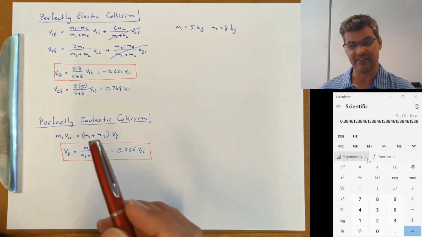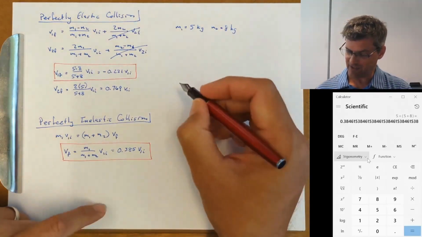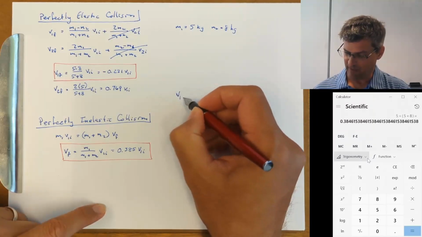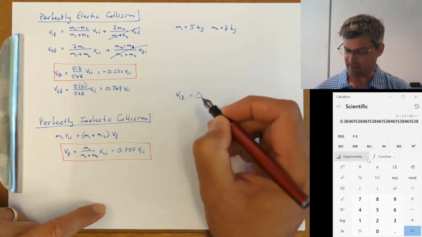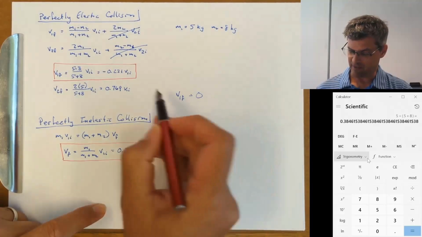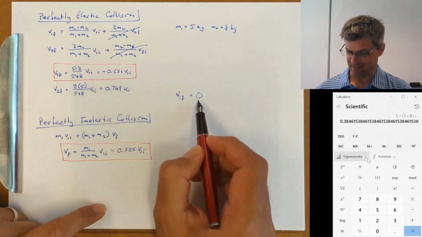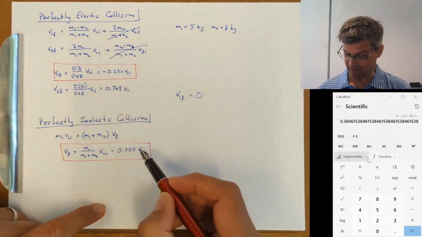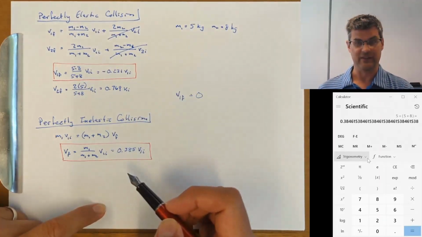There is nothing that says that I couldn't just arbitrarily say that V1 after the collision is equal to 0. 0 is greater than this, 0 is less than this, clearly, for any value of V1 initial.